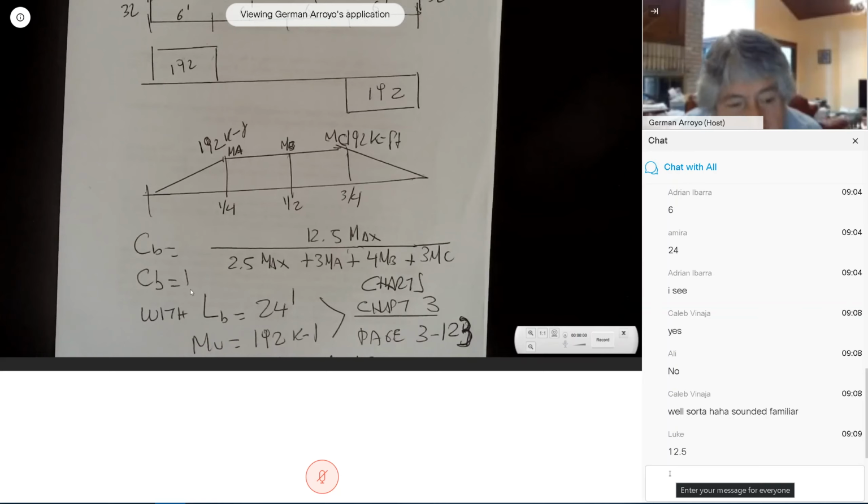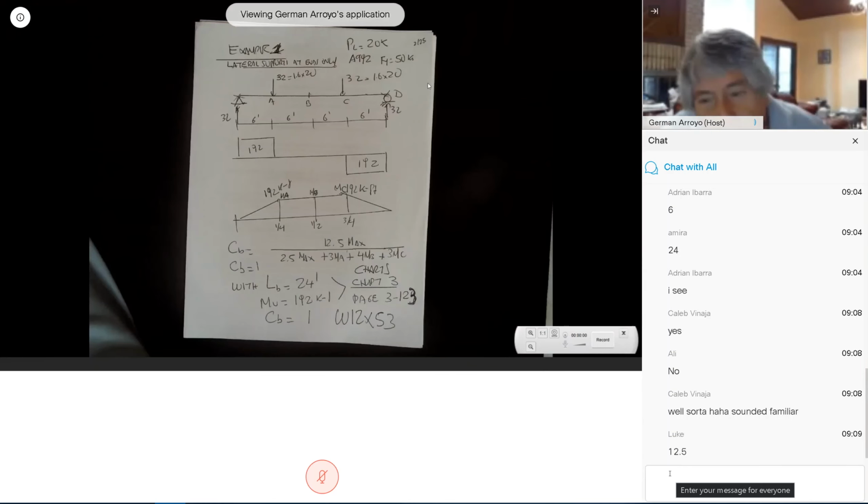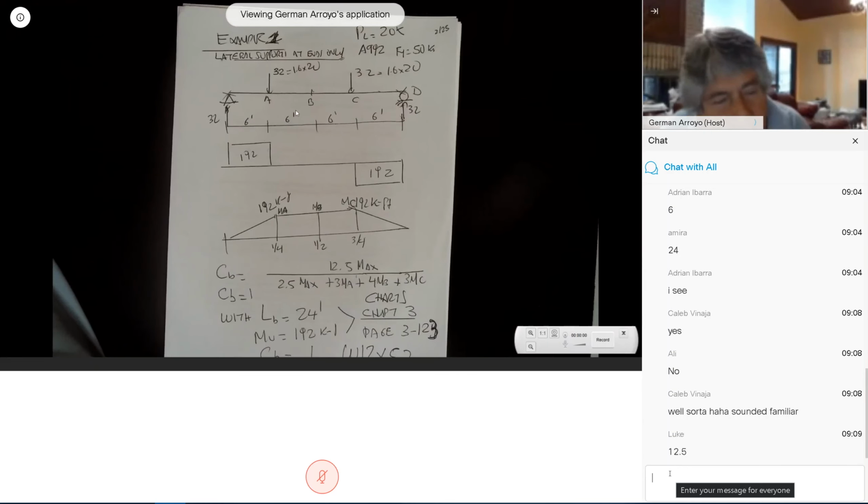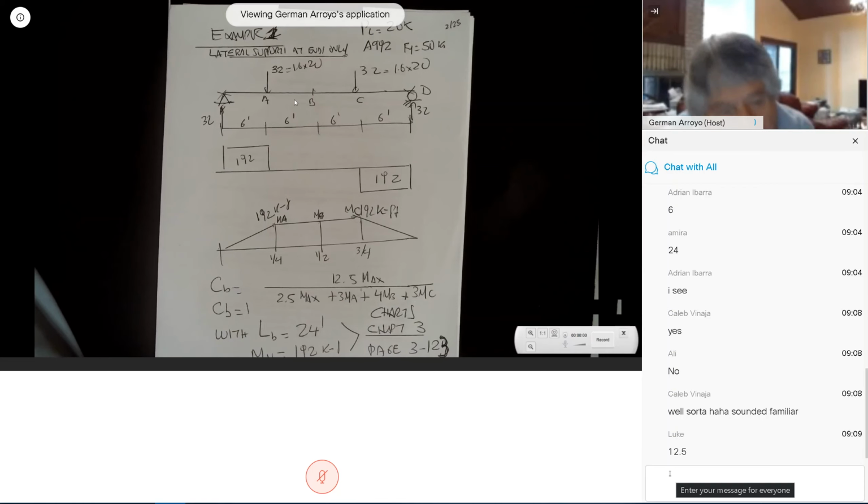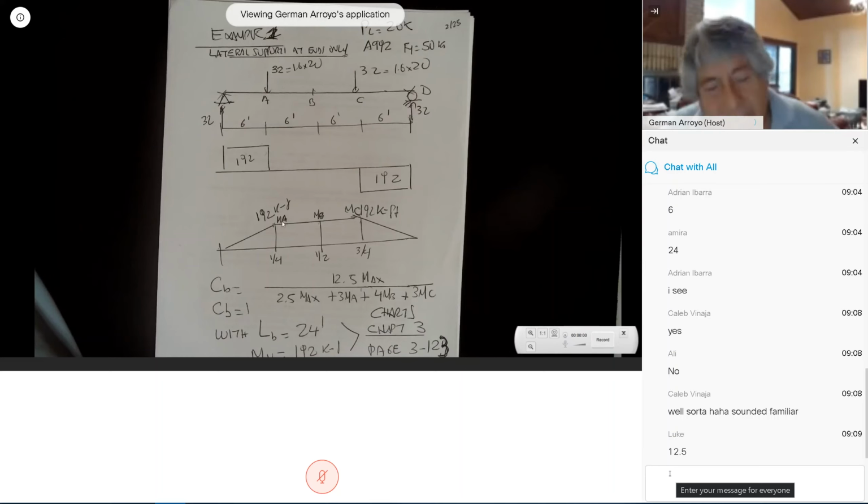So this is the worst condition because most of the compression flange is at constant moment. One of the most important courses in your life is mechanics of materials, or mechanical solids, because you learn sigma equals MC over I. If the moment is the same, and C is the same, and I is the same, no matter where you are in here, the stress MC over I is the same.